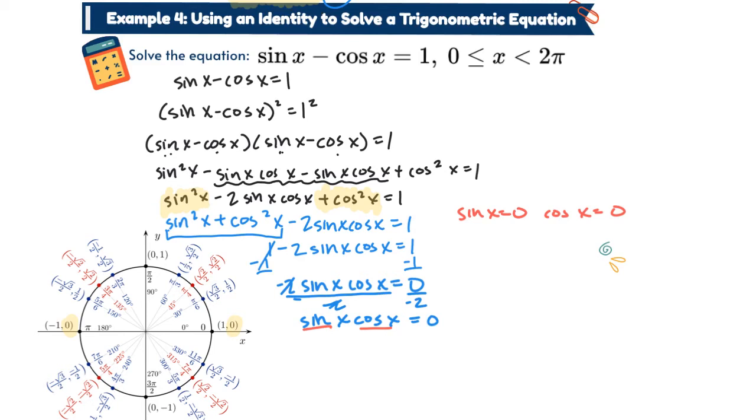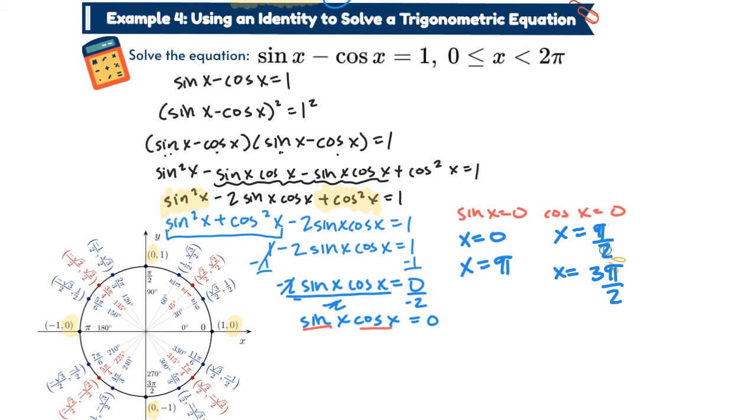And that would mean that sine x equals 0 at 0 radians and pi radians. And then I need to look for where cosine x equals 0. So I need to look for where my x coordinate is 0, because cosine is my x. So that would be here and here, at pi over 2 and 3 pi over 2. So I can say that x equals pi over 2 and x equals 3 pi over 2.